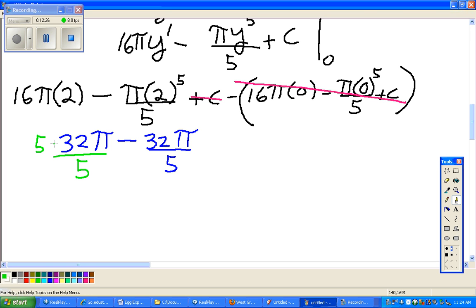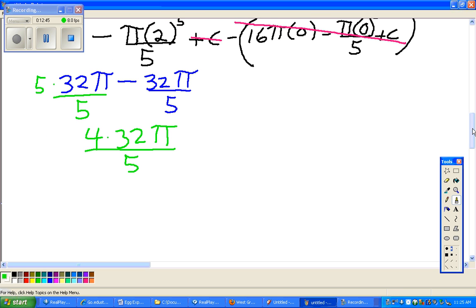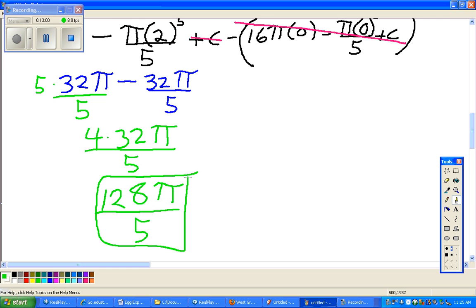Here I have 5 32 pies. Here I have 1 32 pie. So that will simplify down to 4 times 32 times pi all over 5. 4 times 2 is 8. 4 times 3 is 12. Multiply by pi, divided by 5. Give me a nice sentence.